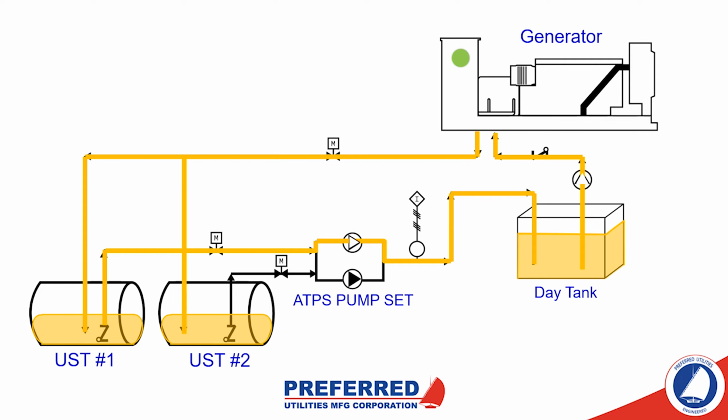So what this allows us to do is send the hot fuel back to the main tanks and continuously supply the day tank, and therefore the generator, with the cooler fuel from the main bulk storage tanks.